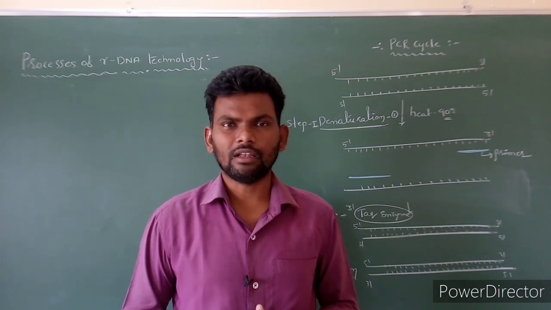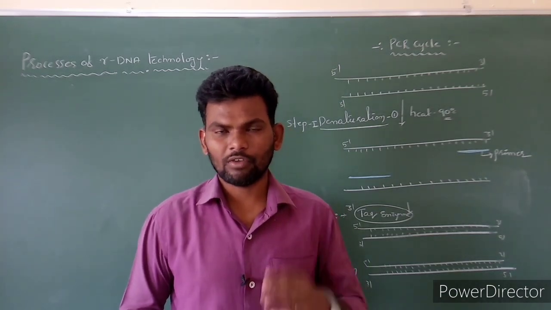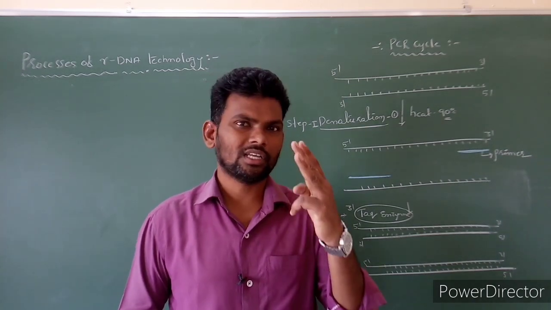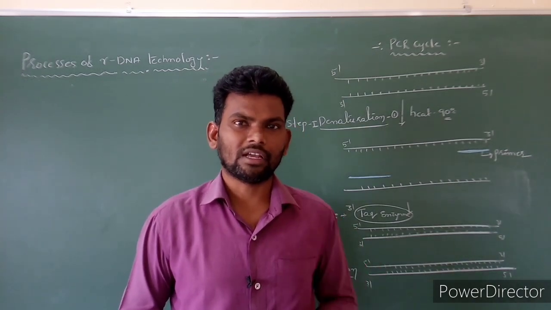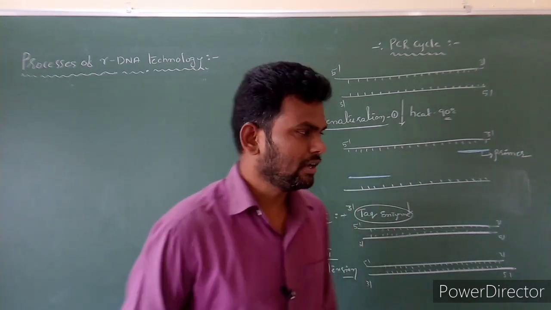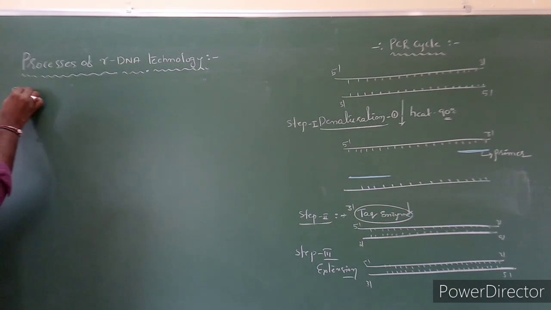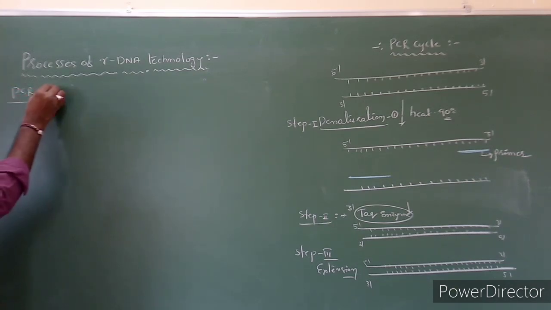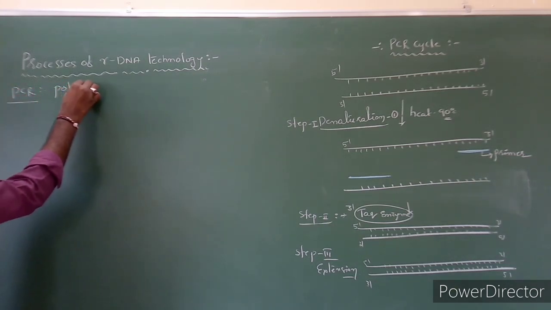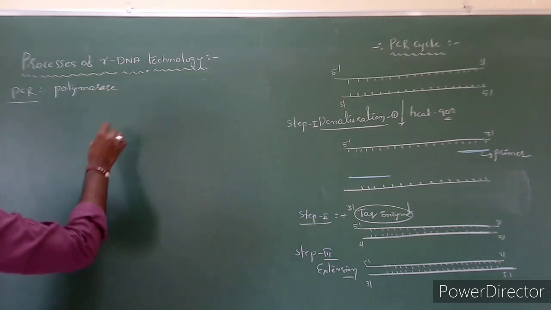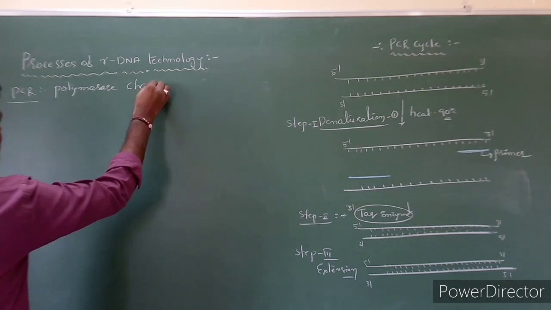In the PCR cycle, mainly 3 steps are there. The first step is denaturation, the second is annealing, the third is extension, nothing but polymerization. Let's write the points. PCR cycle. PCR means polymerase chain reaction.